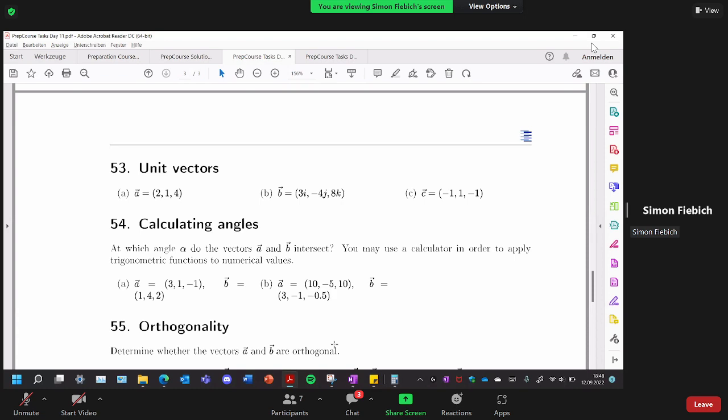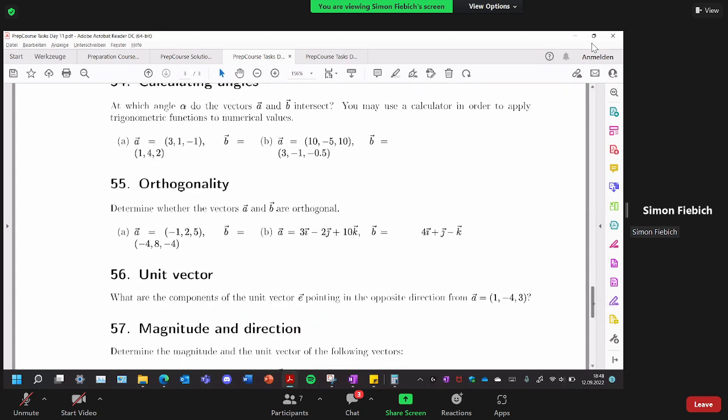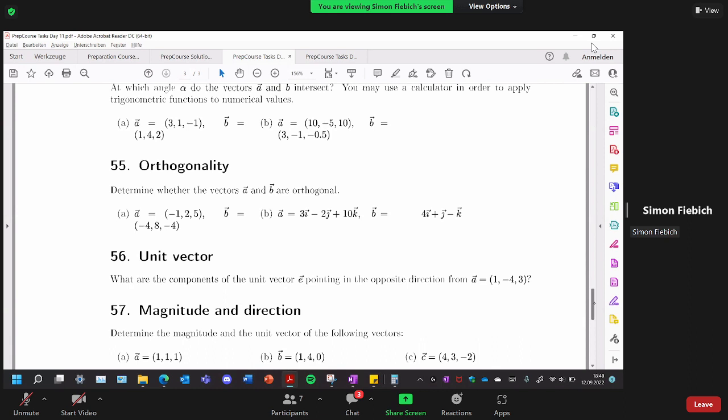So if you now know that i, j, and k are the vectors which make up the basic generating system of the three-dimensional vector space, then you should be able to prove whether they are orthogonal. Because if you have 3 times (1, 0, 0) minus 2 times the vector (0, 1, 0) plus 10 times the vector (0, 0, 1), it shouldn't be too difficult to determine the resulting vector.